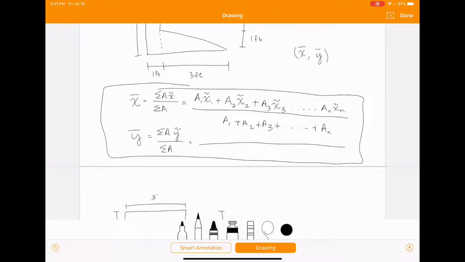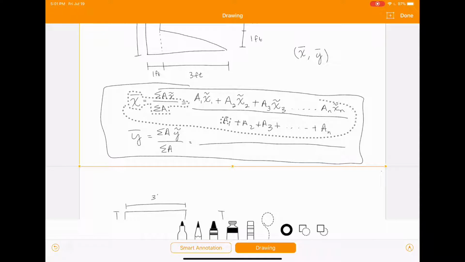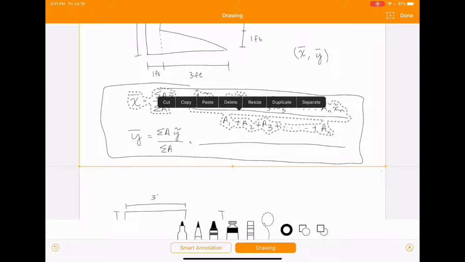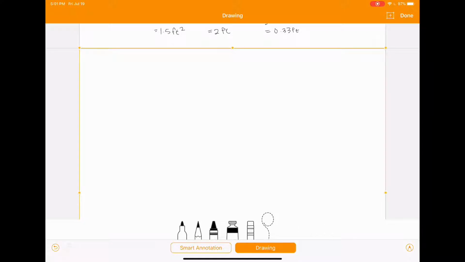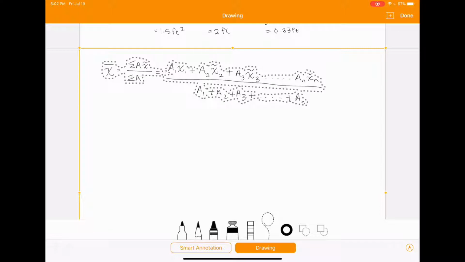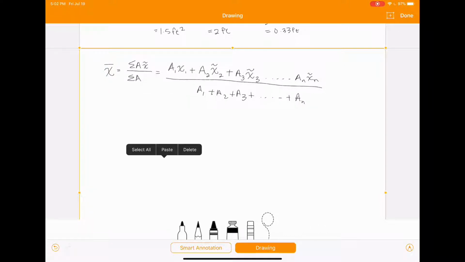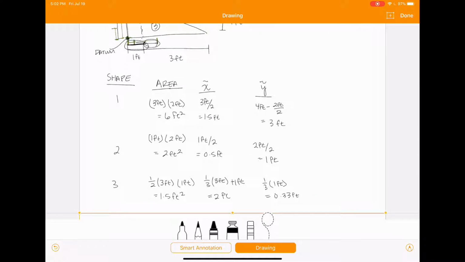So let's go ahead and copy this down. So that's our equation. We've got all of our values up here.